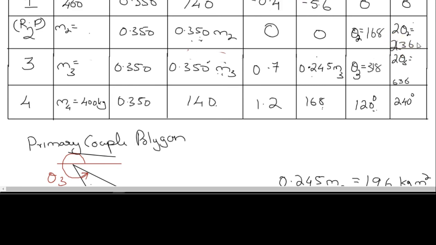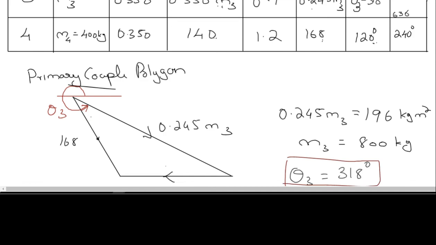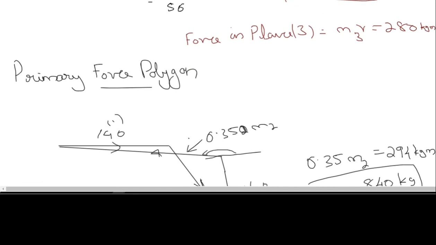So this will be 236 and this will be 636, but 636 will be taken as 636 minus 360.